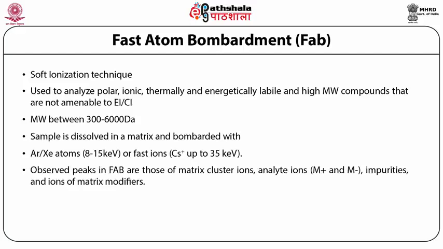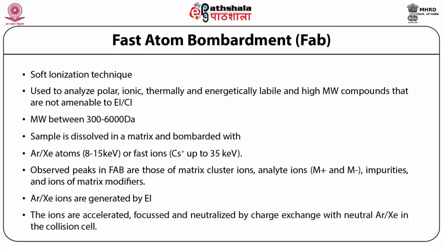The observed peaks in FAB are those of matrix cluster ions, analyte ions M plus and M minus, impurities, and ions of matrix modifiers. Argon or xenon ions are generated by electron ionization. The ions are accelerated, focused, and neutralized by charge exchange with neutral argon or xenon in the collision cell.